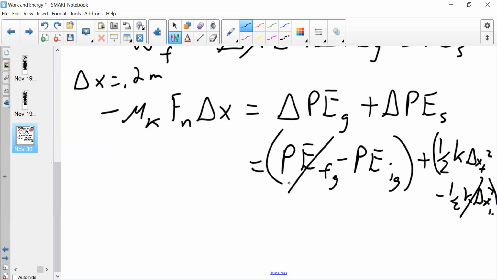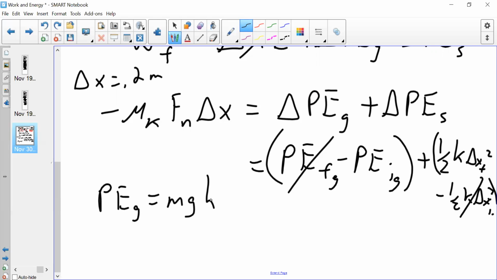The final gravitational potential energy is equal to 0 because our reference level will be 0 there. That means at 0 there is no height. We know that gravitational potential energy is equal to mgh.